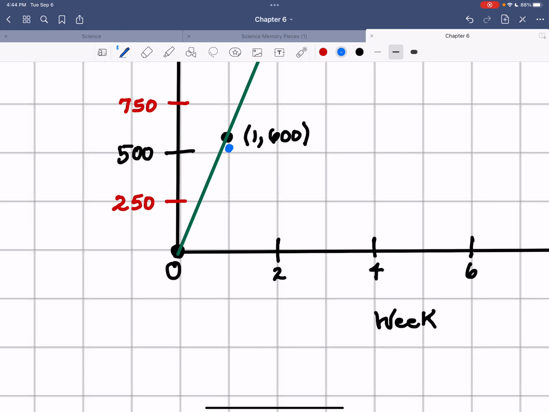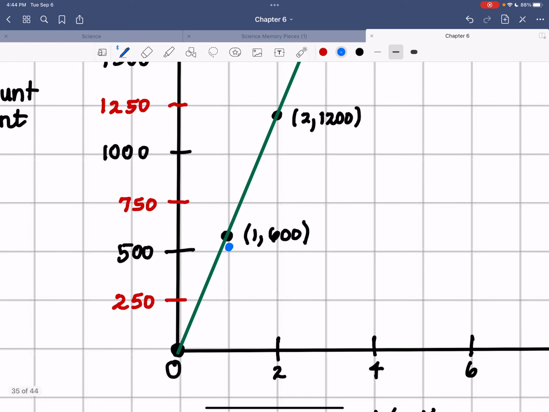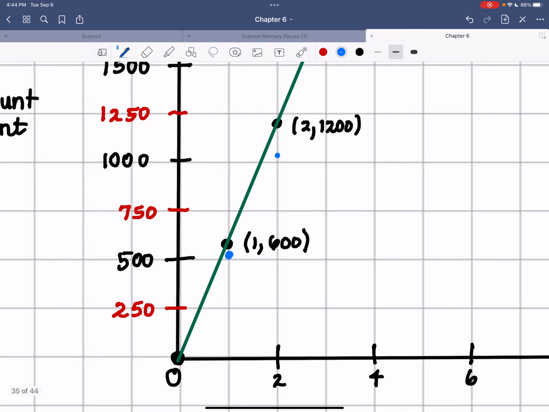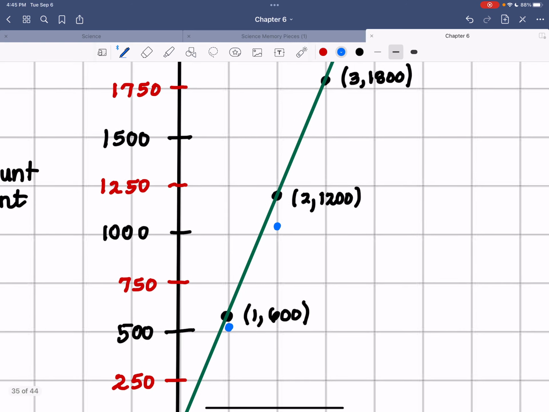So week 2, I would say 525 times 2. That's 1050. So about right here. Week 3, I would say 525 times 3 is 1575. So about right here.